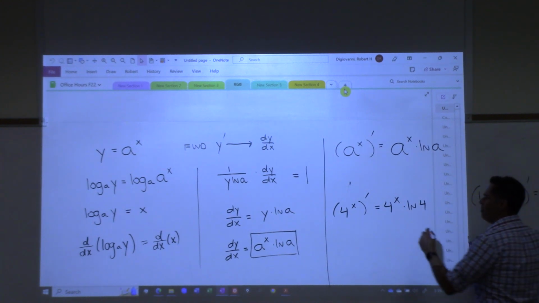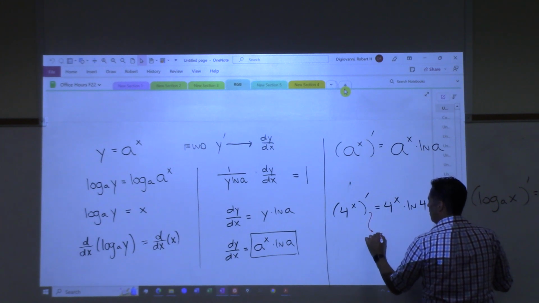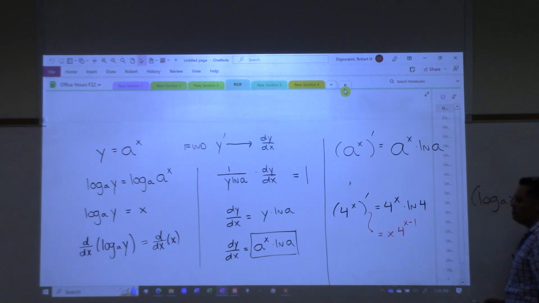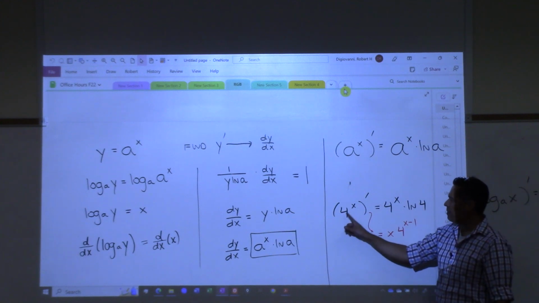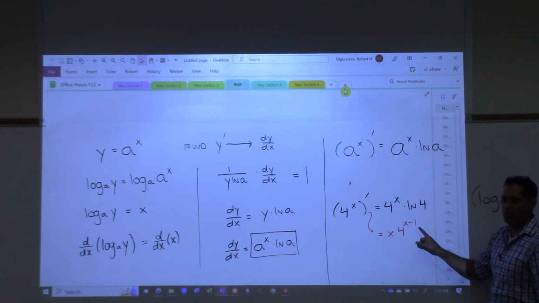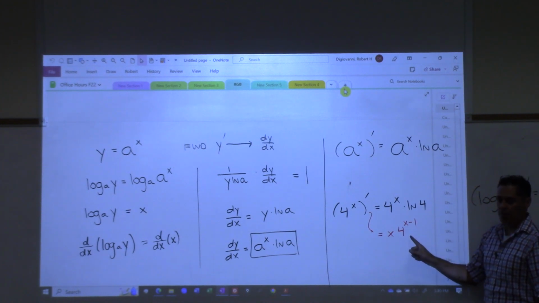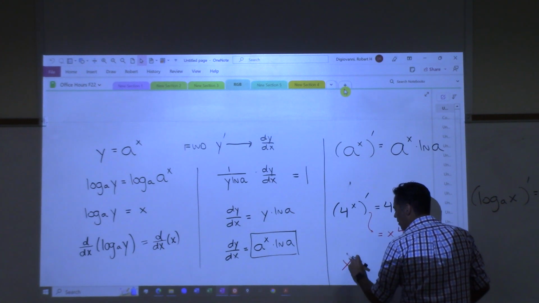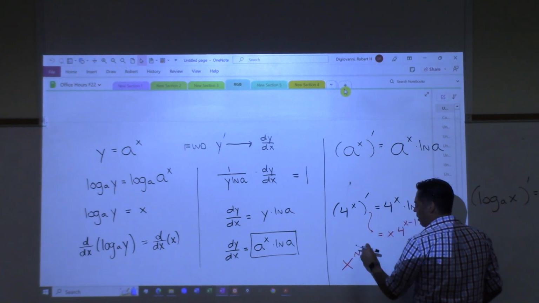I had a student do this. Tell me what they did. Tell me if it's right. What did that student do? They tried to do the power rule, didn't they? They were like, hey, I've got something to a power. I'm going to bring the power out, and then I'm going to subtract 1 from the power. That is completely wrong, because the power rule only works when x is in the base and the power is a number.